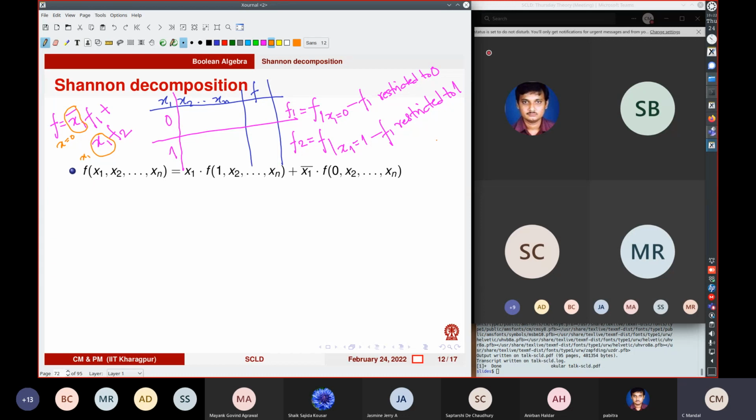If you think in terms of a multiplexer, and you put x on the select line, so this is 0, this is 1, you are selecting f1 and you are selecting f2.